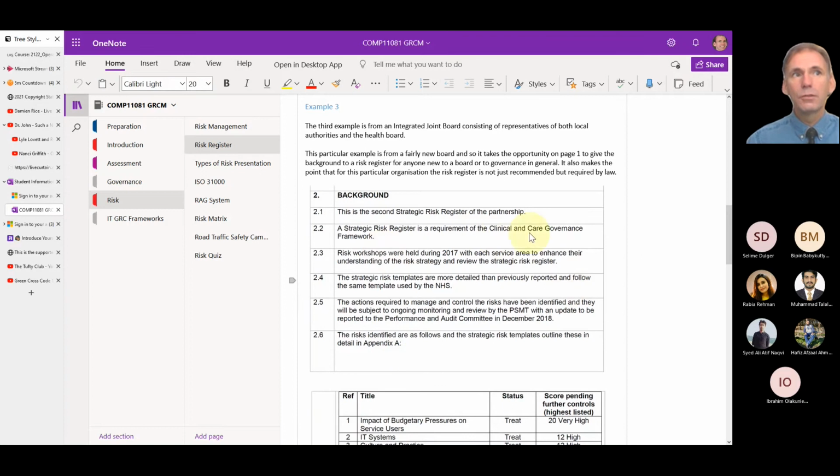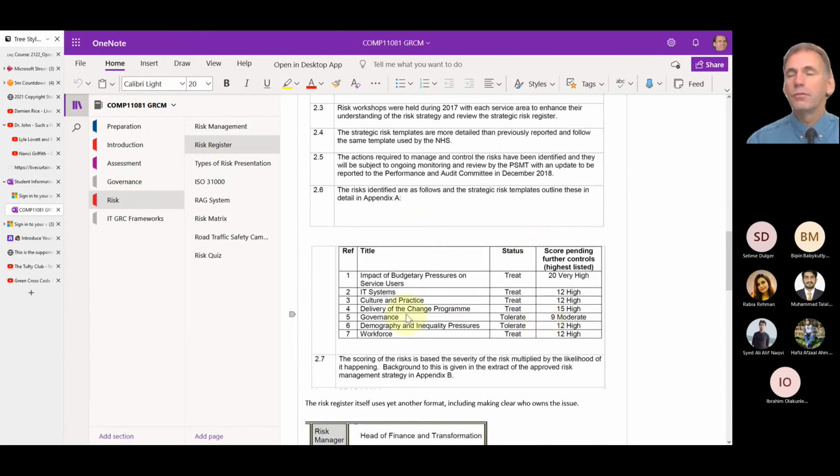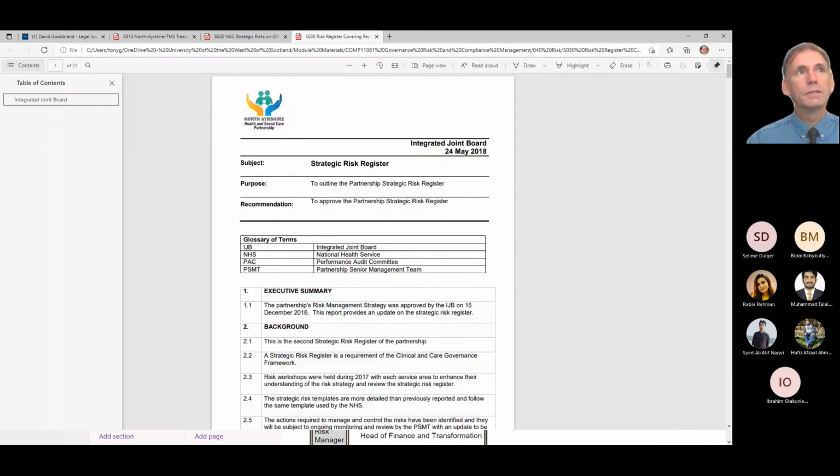So they're saying why they're doing it. They have brought to the front of the report some of the risks identified, but they use yet another different format.